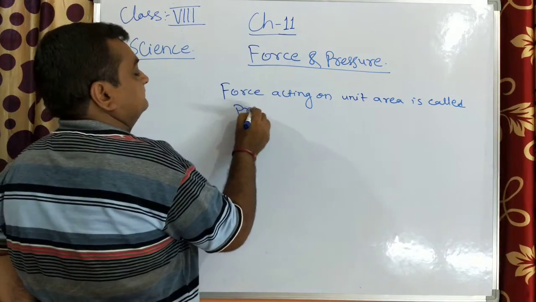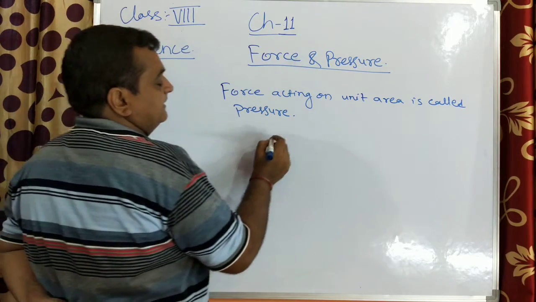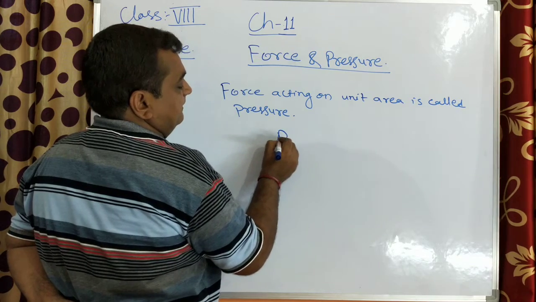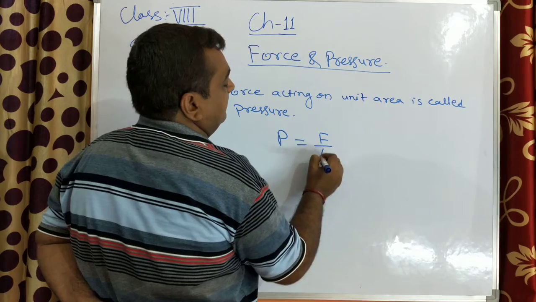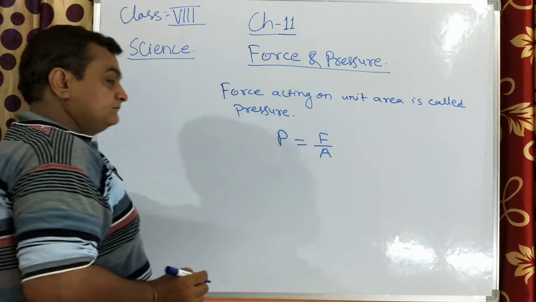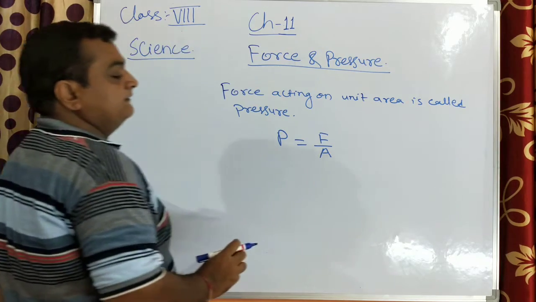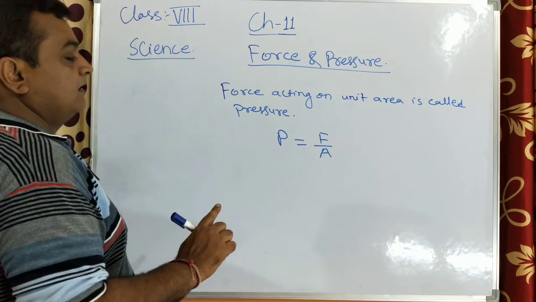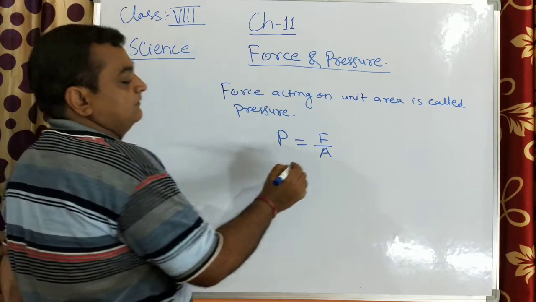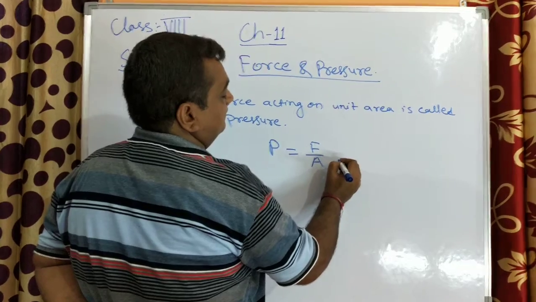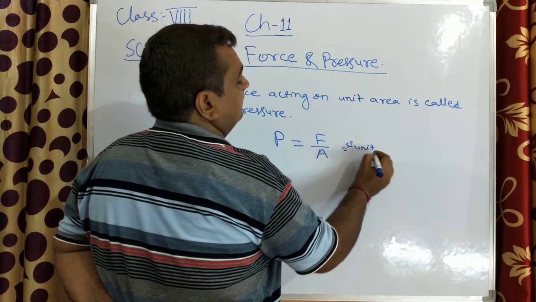Okay, from this relation we can find the SI unit of pressure. We know SI unit of force is Newton, and SI unit of area is meter square.